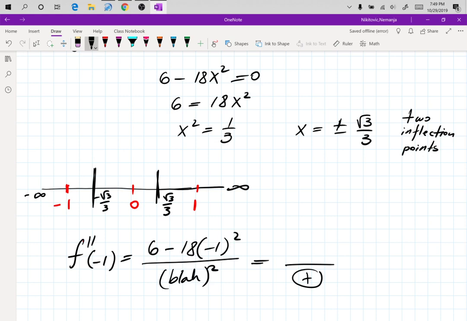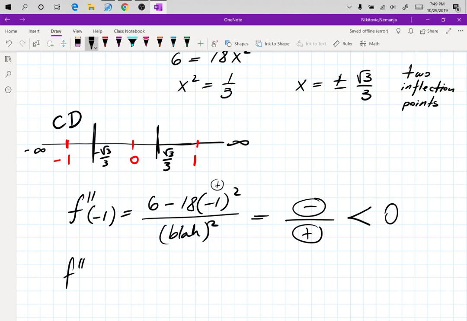What do I have in the numerator? I have 6 minus 18 times something positive. So I have negative divided by positive. That's going to be smaller than 0, and I have concave down. Didn't calculate a thing, right?